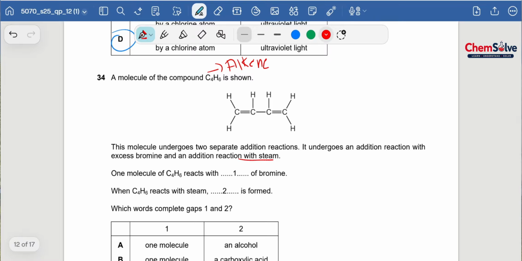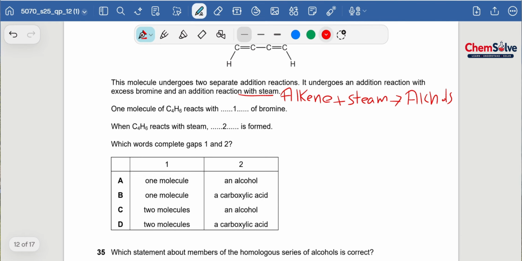Okay, so all the alkenes when they react with steam, they produce alcohols. All right. So if we keep this in our mind, then options B and D are incorrect because I just said it produces alcohol. So the correct options might be A or C.